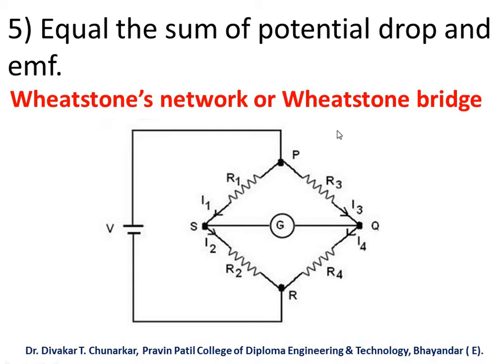Then Wheatstone network or Wheatstone bridge. This is the circuit diagram of the Wheatstone network, also known as the Wheatstone bridge. Here R1, R2, R3 and R4 are the resistances which are connected in the circuit according to the Wheatstone network.